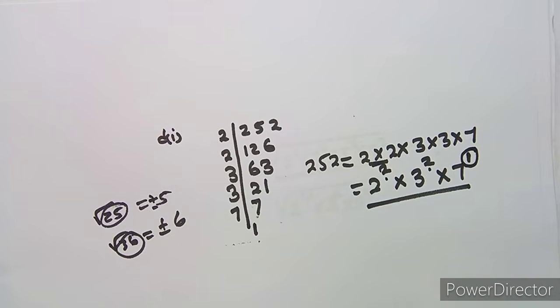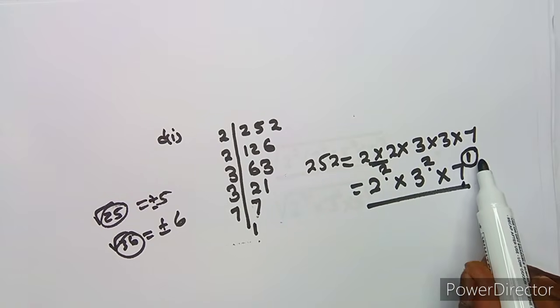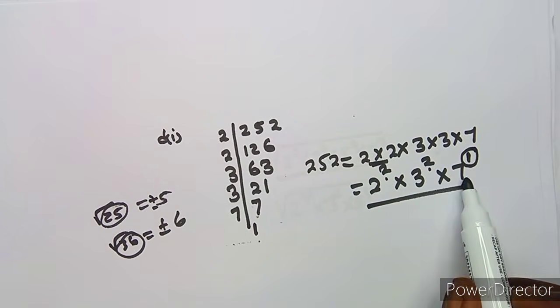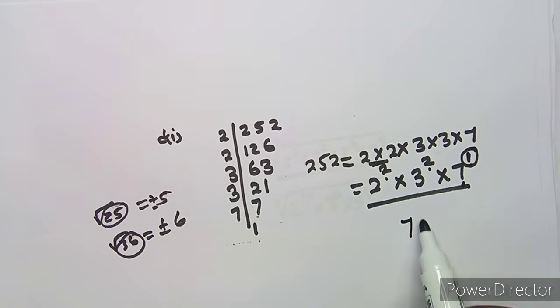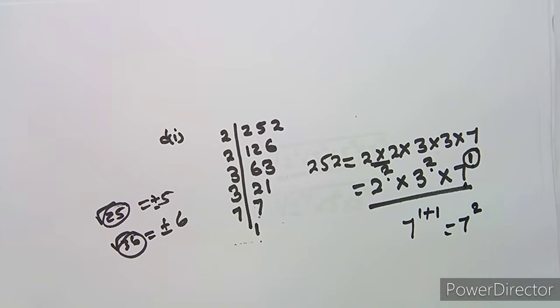So what are we going to do to make this number, because we want it to be an even number? So simply, as we can see, the smallest number that we can add to make this a 2 is 1. If we add 1 here, because it's 7 to the exponent of 1, it is going to give you 7 to the exponent of 2, which now makes it a perfect square.